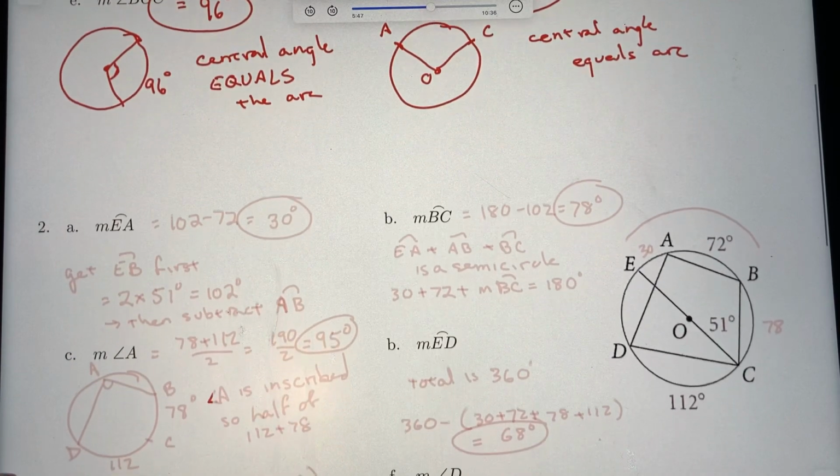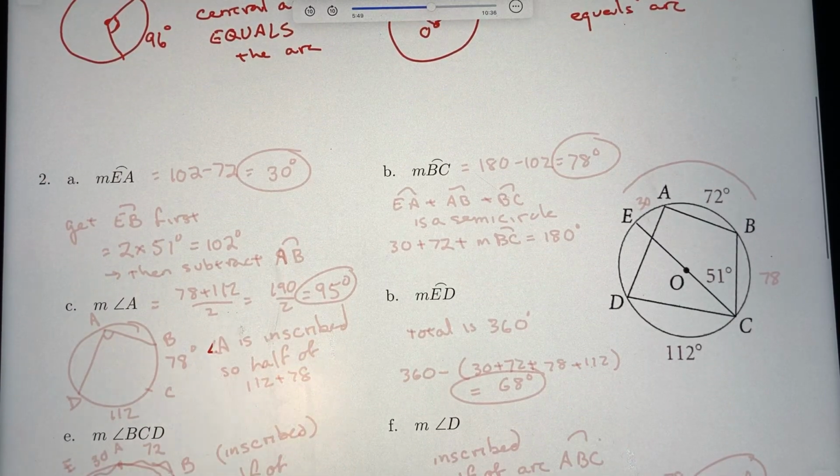Okay, second problem. So the measure of arc EA, so what I'm going to do is say that arc EB is easy to find, because we got an inscribed angle.